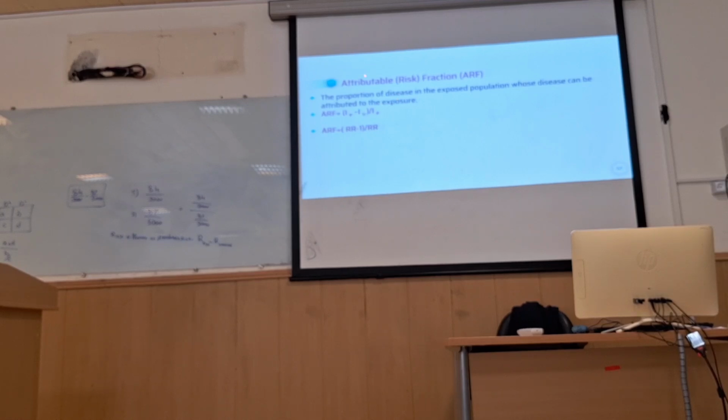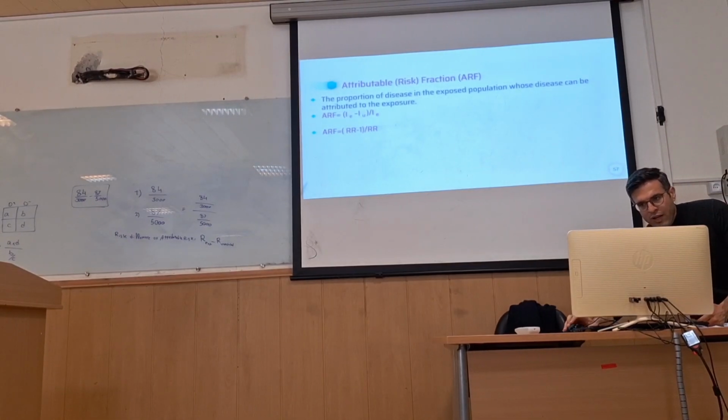When we want to calculate attributable risk fraction, at first you should calculate risk difference. After that, your result should be divided by incidence in the exposed group. Right now we can solve some problems. I think it can be so helpful.